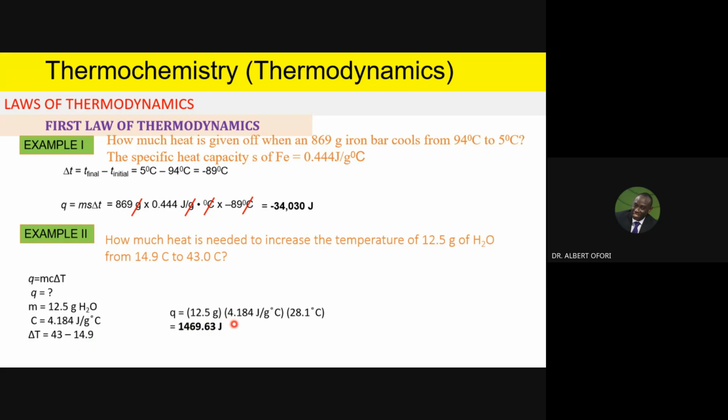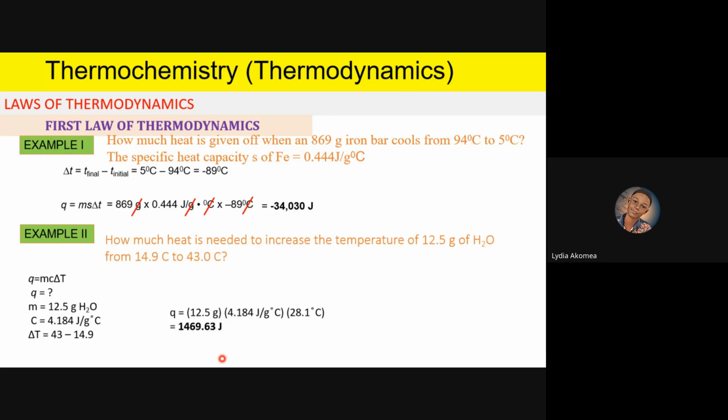So we have the mass of that water times the specific heat capacity and the change in temperature. For every substance, you should ask for the specific heat capacity of that substance if it is not given.